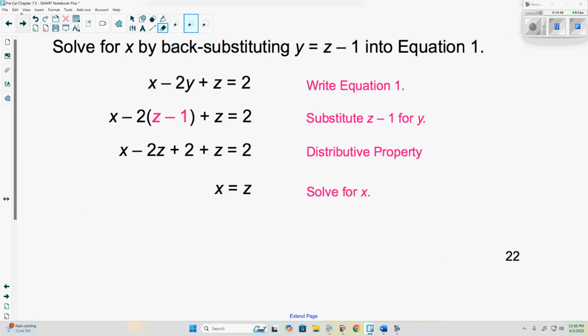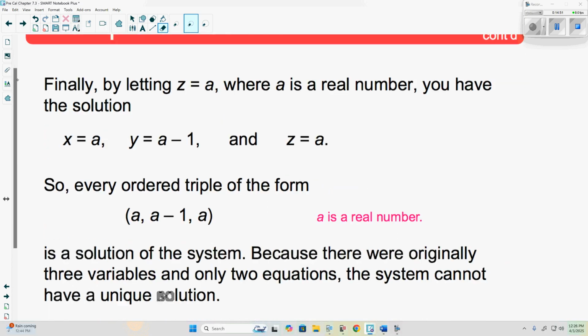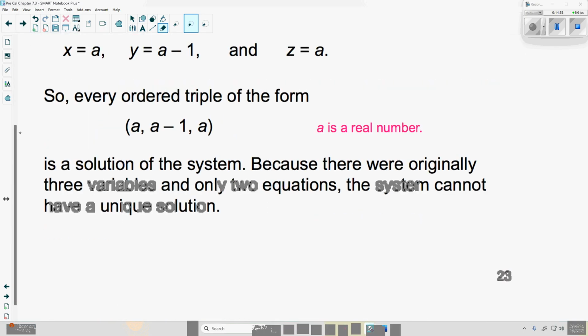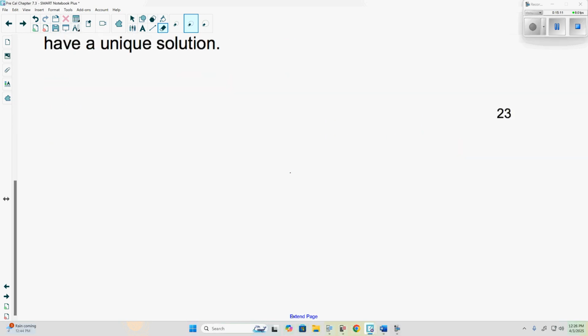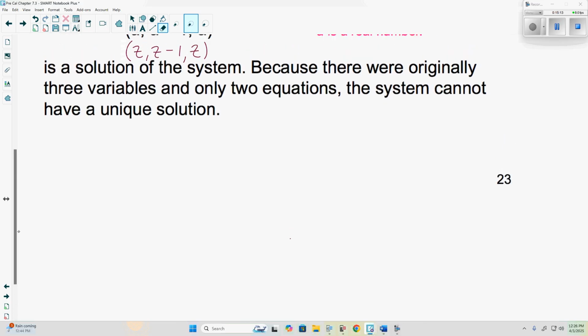So they work it out by hand, x equals z, and we get this here. Now they used it in terms of A, but this is the same as this here. And any value of z or A will give us a solution for this. So if we picked z to be 2, well, we'd have 2, 2 minus 1, and 2, which is just 2, 1, 2.